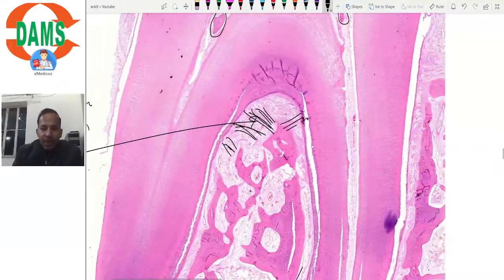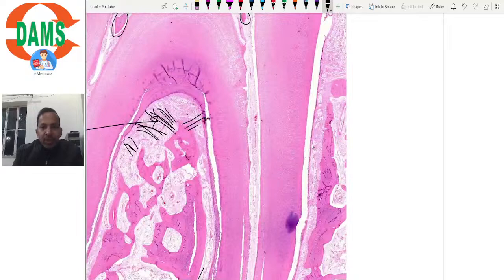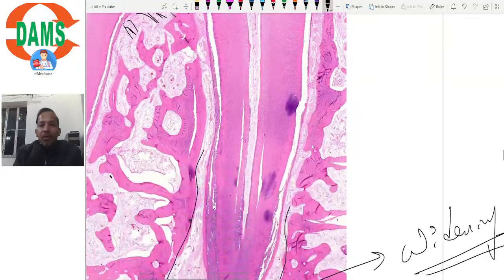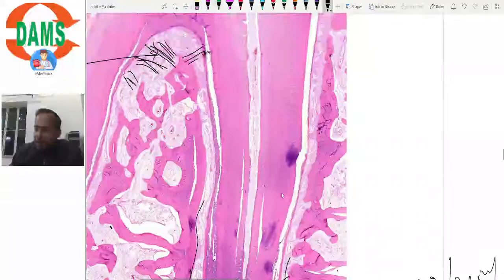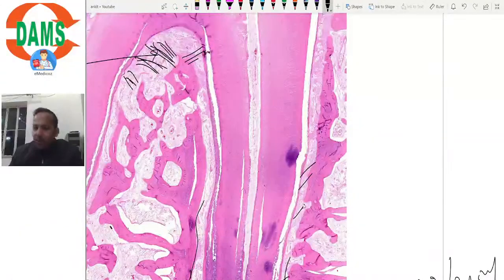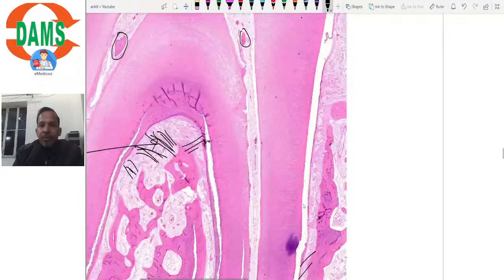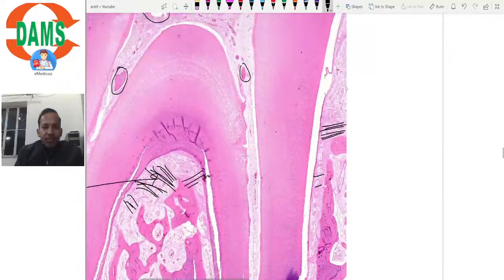Apart from that, you can also visualize the PDL on the lateral surface of the root. You can notice the oblique fibers, and you can also notice the horizontal, that is transseptal fibers. All these fibers are visible in this section.